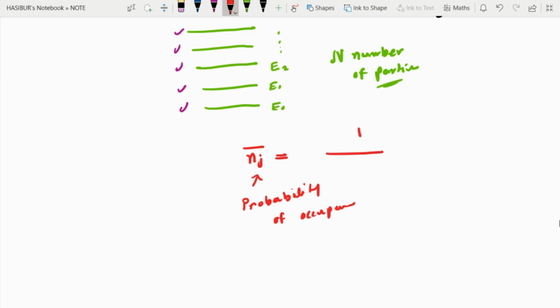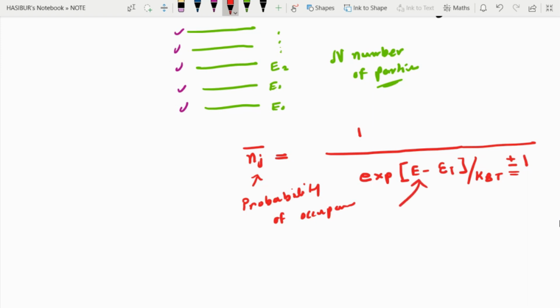And this is 1 upon exponential of (epsilon_j minus mu) upon k_B T. For quantum statistics, it can be either plus 1 or minus 1 in these terms. This n_j bar tells the probability of occupancy of the level having energy epsilon_j, and mu is the Fermi energy or chemical potential.